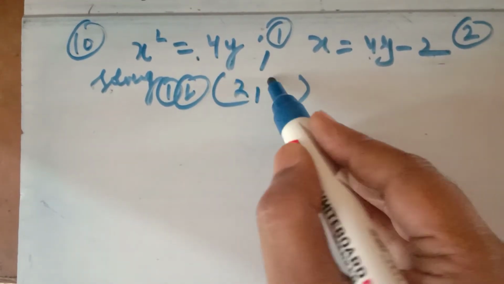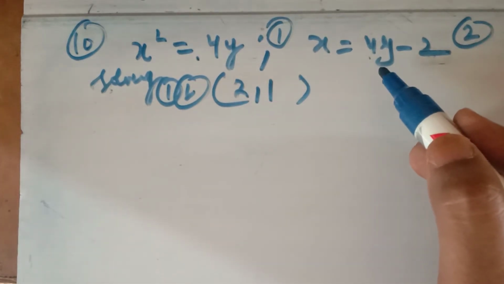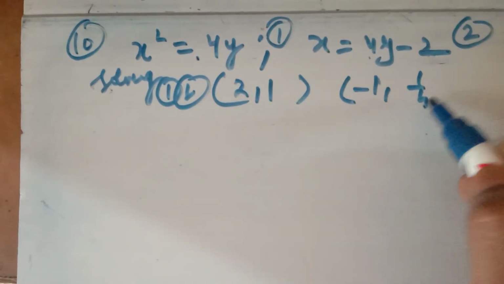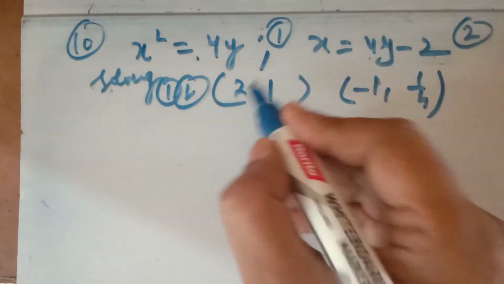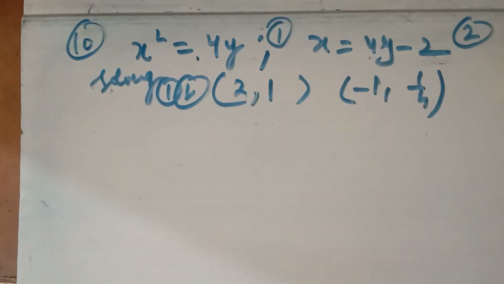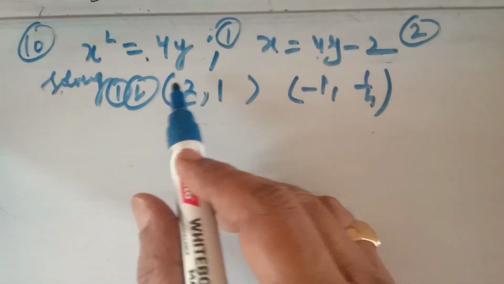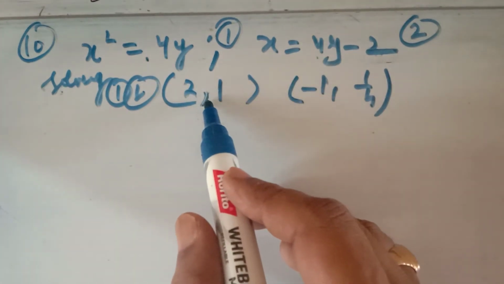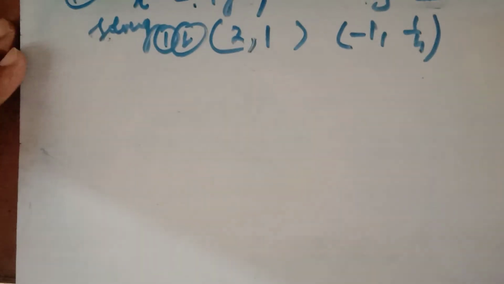The points of intersection will be (2, 1) and (−1, 1/4). Take your own time, do the calculation on rough paper. So the vertical parabola and the straight line intersect at (2, 1) and (−1, 1/4). Now sketch it.